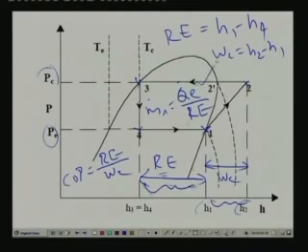The refrigeration capacity is given, so you can find out the mass flow rate. And if you read the specific volume from the pH chart, then you can also find out the required volumetric displacement at this point.